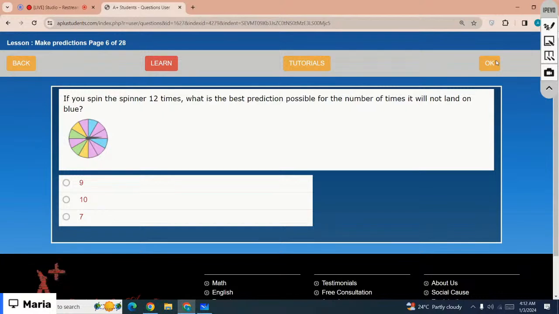So, which is the correct option? The correct option is 10. Very good.